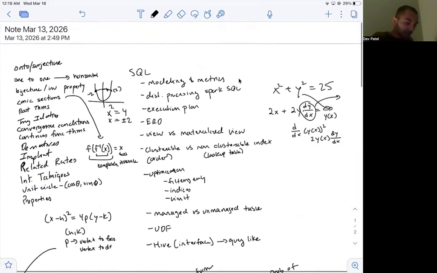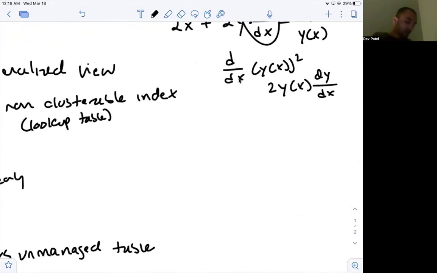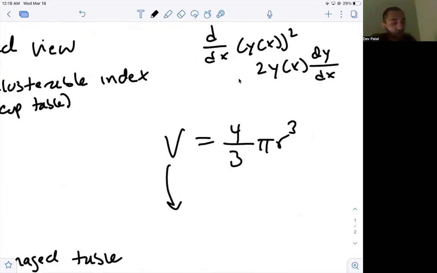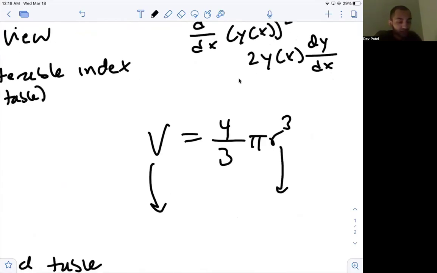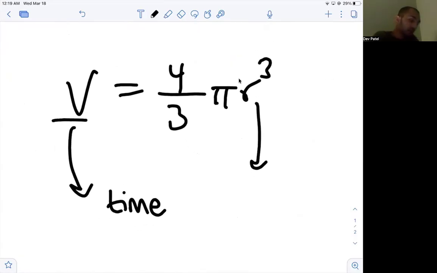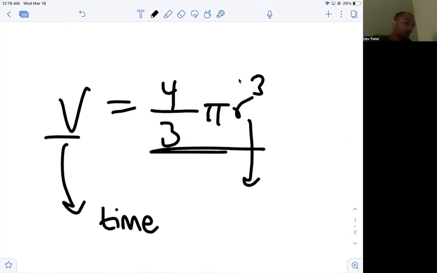Now, related rates are all about one quantity changing per a variable, and another quantity also changing per that same variable, and typically it is time. And both of those are related to one another. So if we want to find out how much the volume of, let's say, an expanding balloon changes by how much the radius is expanding with respect to time, we're able to figure that out.